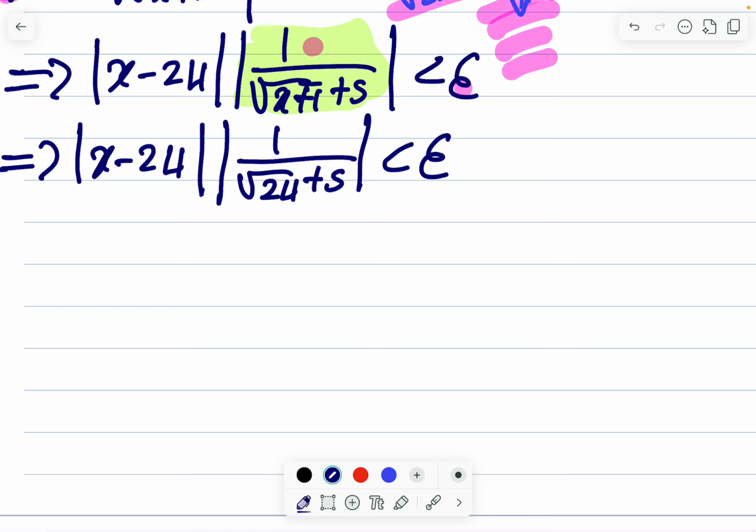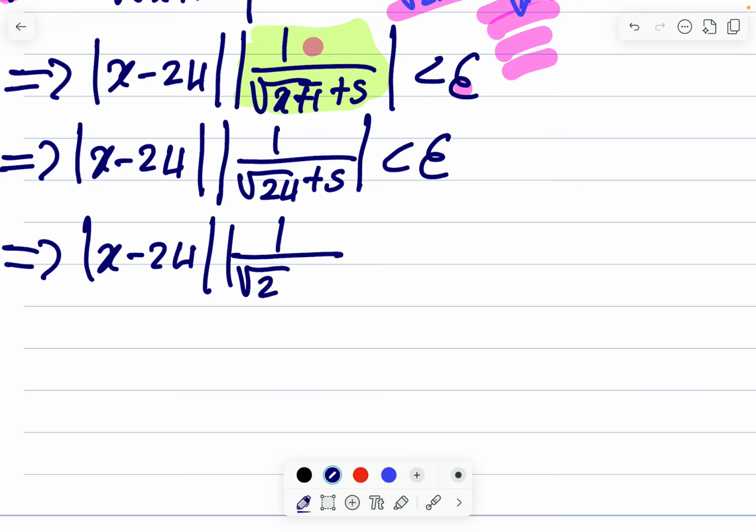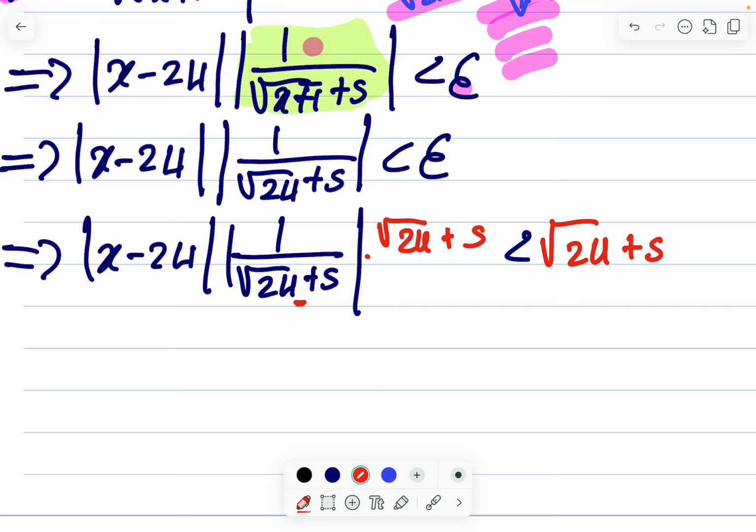But to use something very quick to eliminate that, you know what I'm going to do? I'm going to say this implies that the absolute value of x minus 24, or you can divide by 8, is still fine, then do a reciprocal: 24 plus 5. The only thing I'm going to do is multiply both sides by square root of 24 plus 5, which is less than square root of 24 plus 5 all multiplied by some delta.